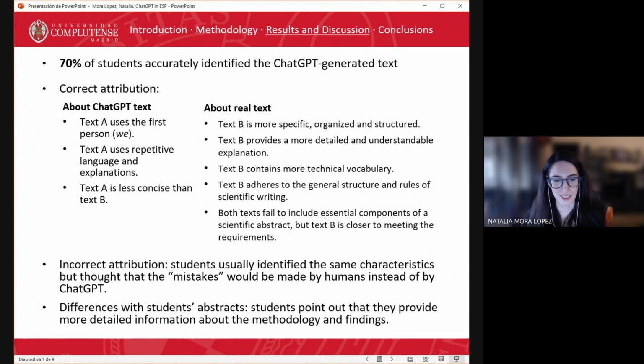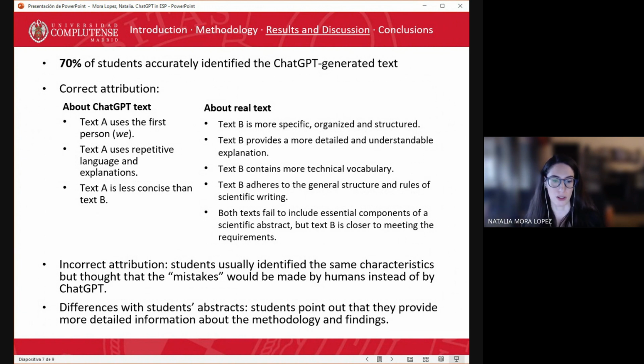And we had one student who said that even though both texts fail to include essential components of a scientific abstract, text B, the human one, is closer to meeting their requirements. So even though none of them was the ideal abstract, text B was closer.